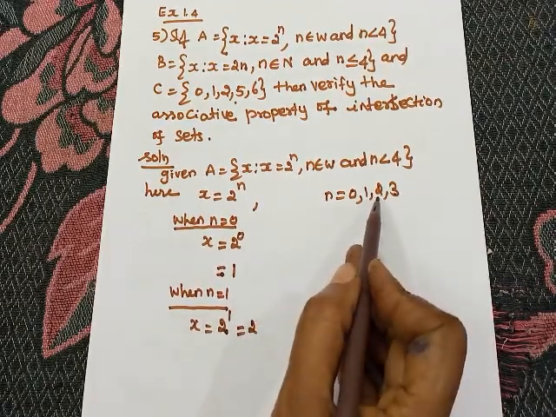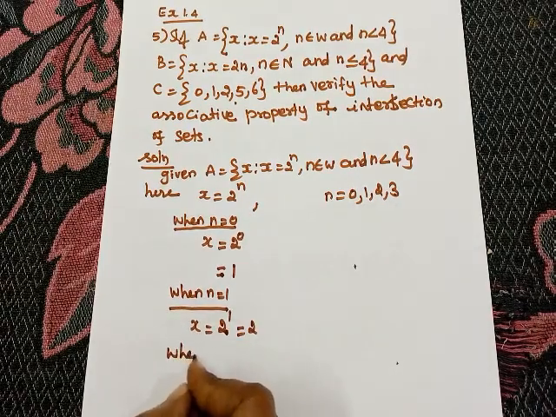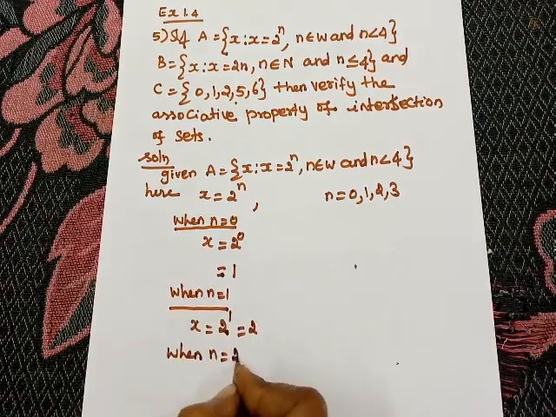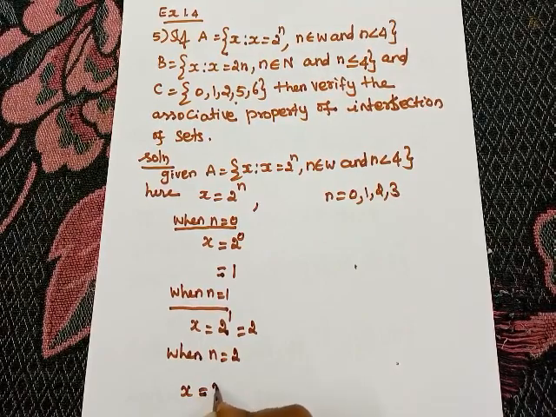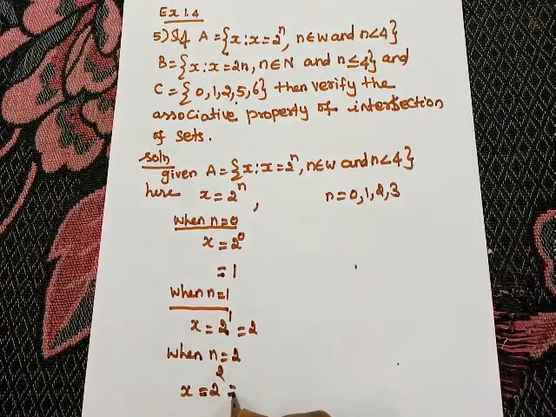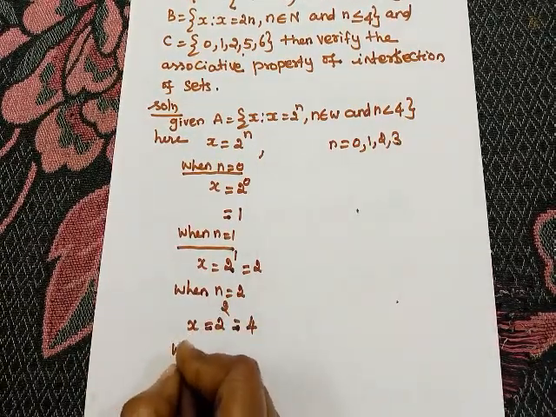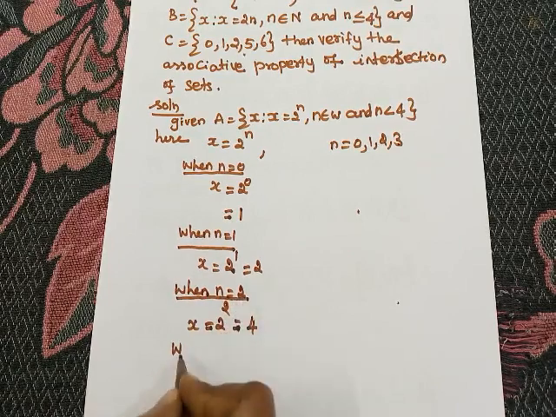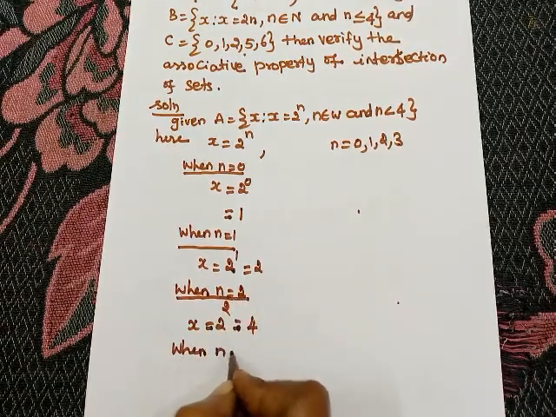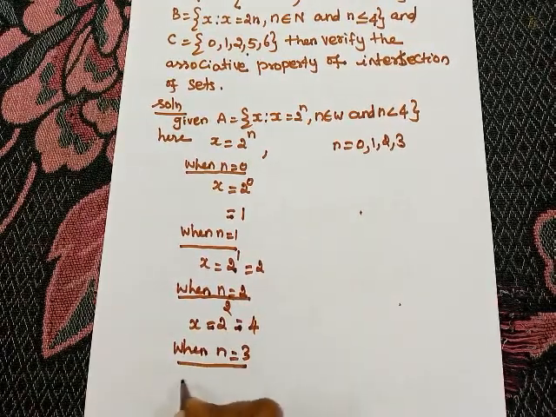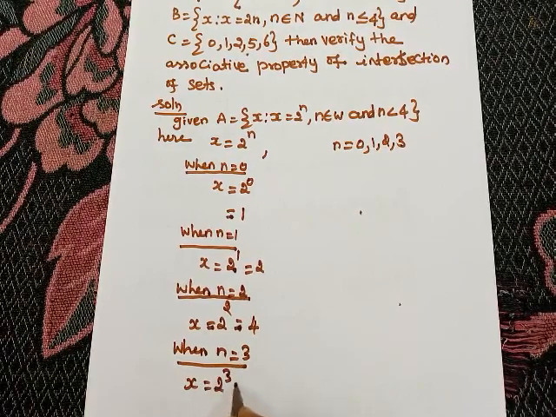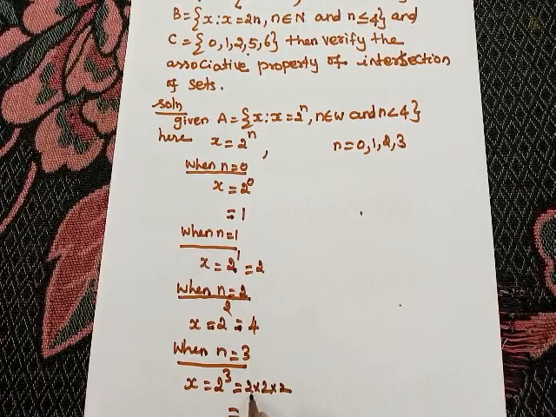Next, n is equal to 2. When n is equal to 2, x is equal to 2 power 2, which is 2 into 2, is 4. Next, n is equal to 3. When n is equal to 3, x is equal to 2 power 3, which is 2 into 2 into 2. 2 2s are 4, 4 2s are 8.